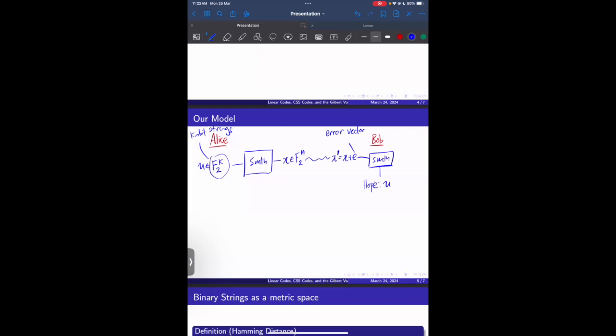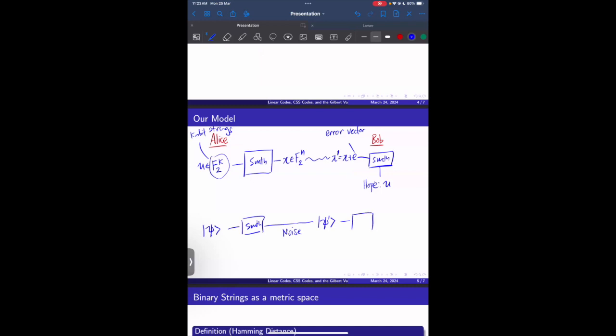And this is how we'll be looking at it in the quantum setting as well. You have some state psi, you do something with it, and then you send it over after some noise, and you emerge with the state psi prime.